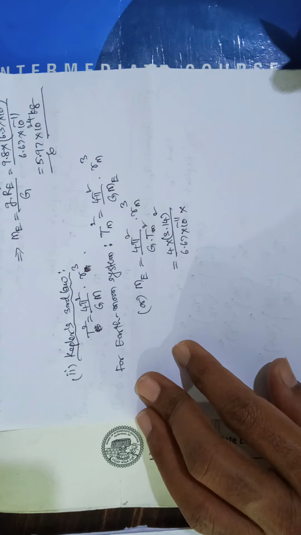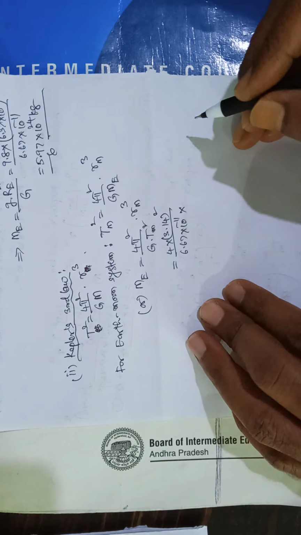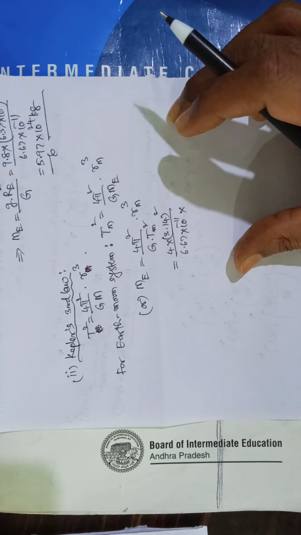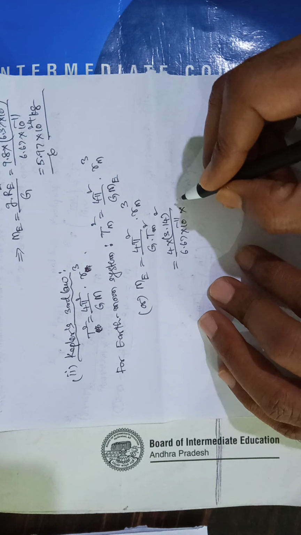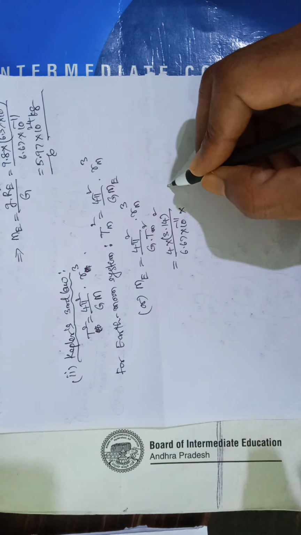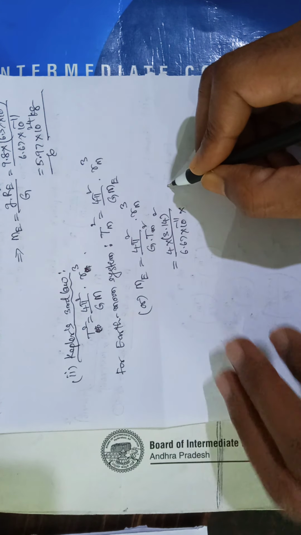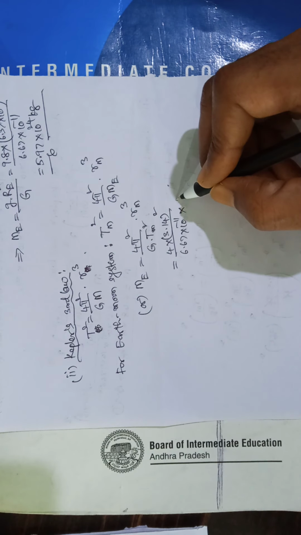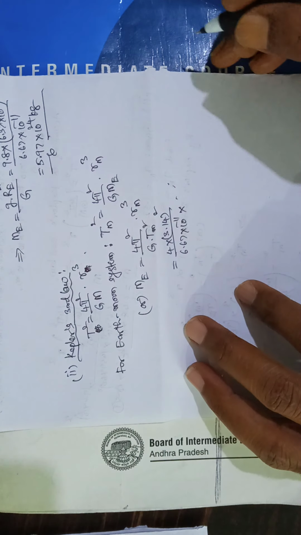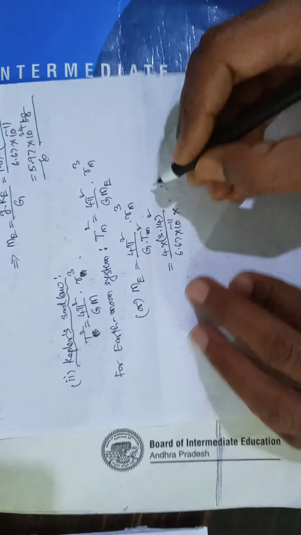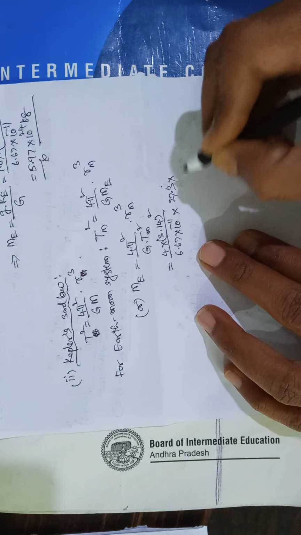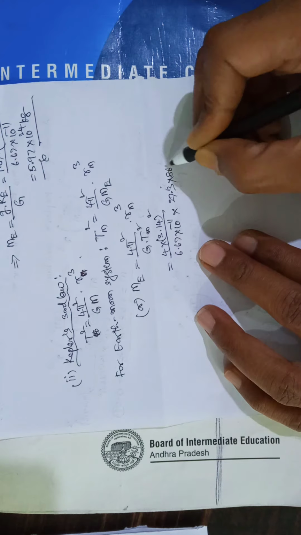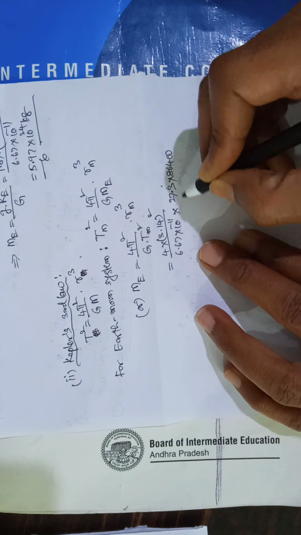See here, Tm value, Tm is 27.3 days. 27.3 into 1 day means 86,400 seconds.